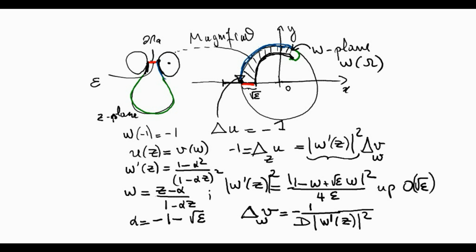And let's study specifically this equation. The equation is Laplacian v of omega equals minus 4 epsilon d divided by 1 minus omega plus square root of omega, and this is to power 4.